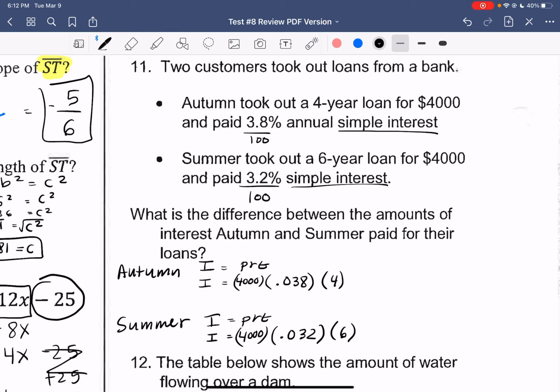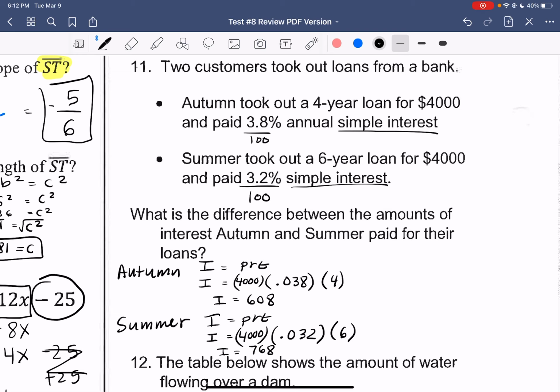So 4,000 times 0.038 times 4. This gives you an interest for Autumn of 608. And for Summer, we get 4,000 times 0.032 times 6, which is 768.